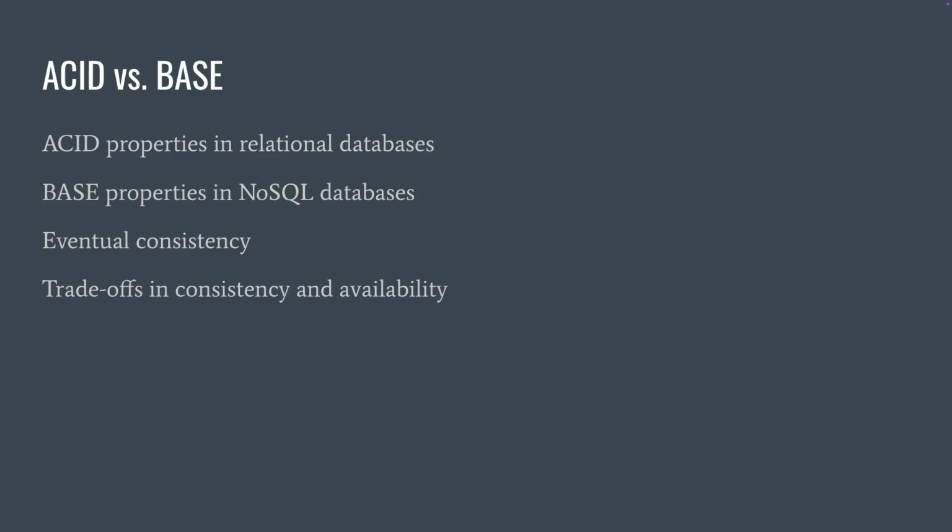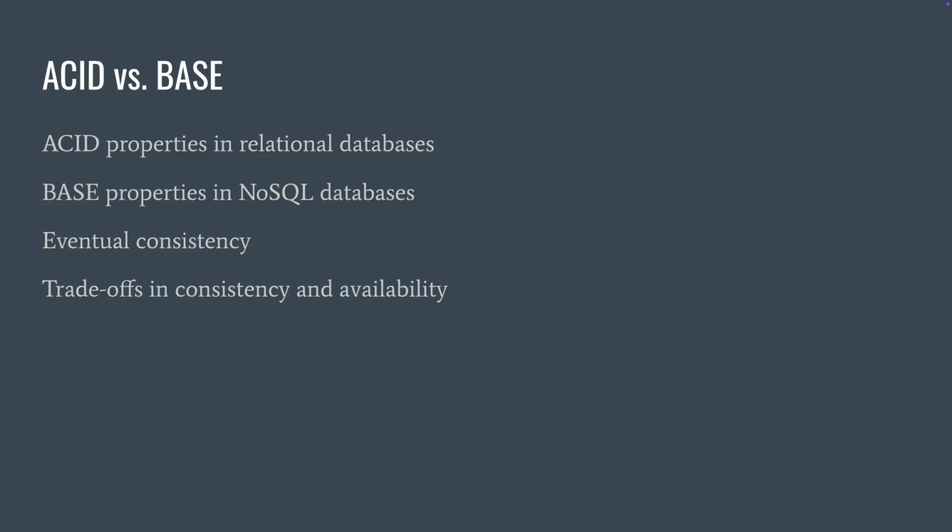BASE stands for basically available, soft state, and eventual consistency. What does this mean? This means the system guarantees eventual consistency, not just consistency, it's eventual consistency, which means unlike relational databases following the ACID properties, all replicas may not contain the exact same data, but they will eventually.